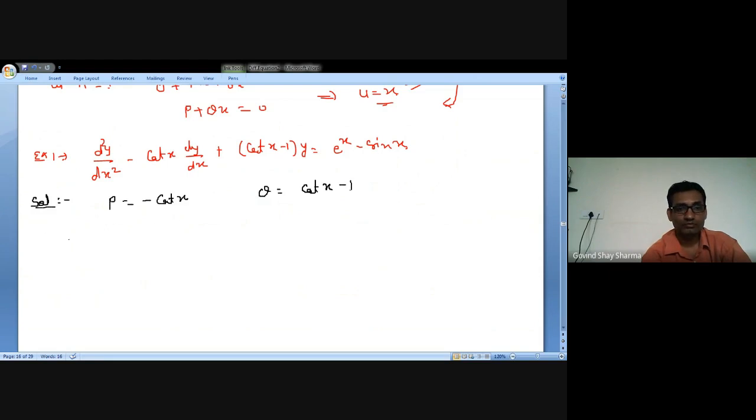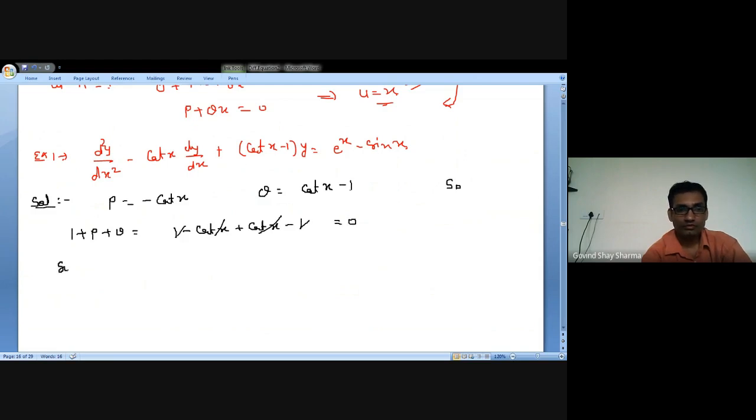So 1 plus p plus q, we check: 1 minus cot x plus cot x minus 1 is equal to 0.